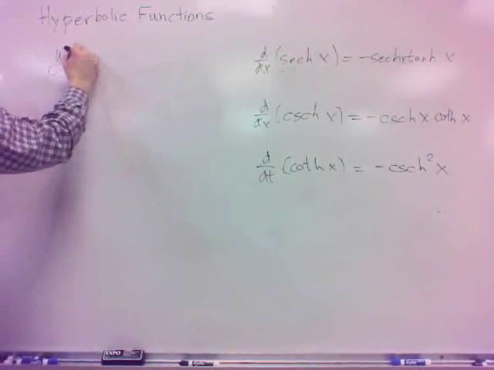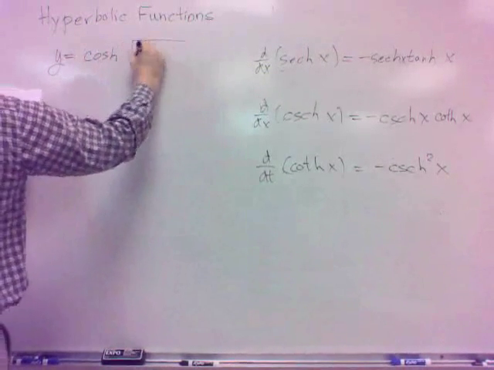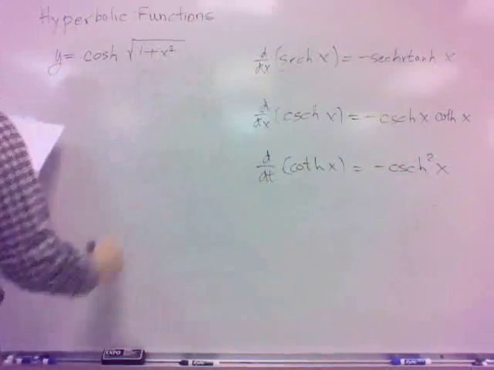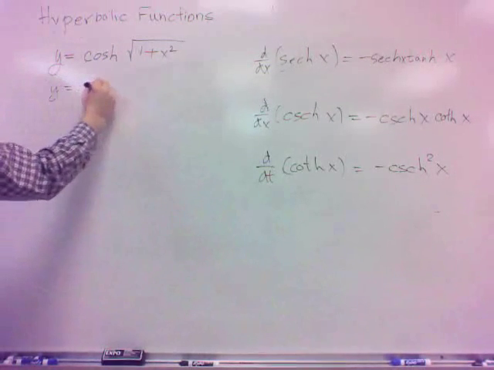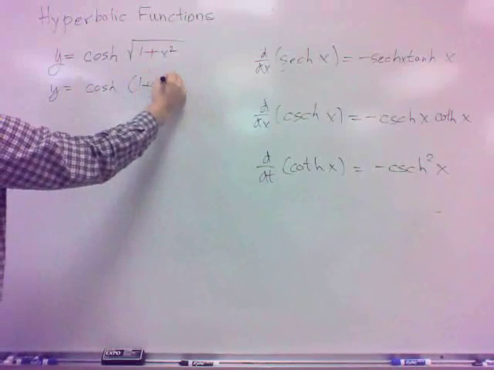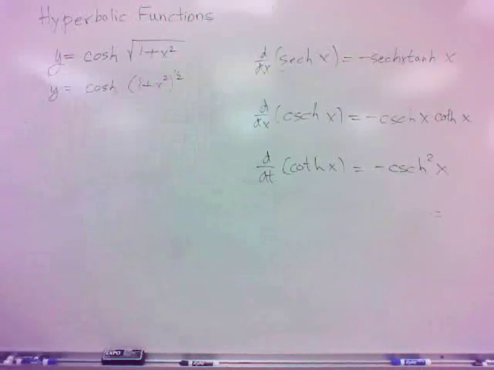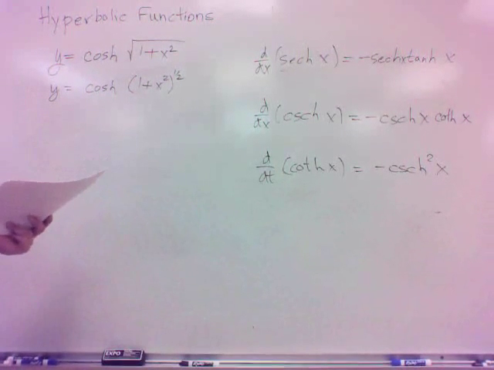So here's one to try out. We've got y equals the cosh of the square root of 1 plus x squared. First thing I might want to do there is change that square root over to a power, the 1/2 power. And then don't I have there chain rule, inside and outside?